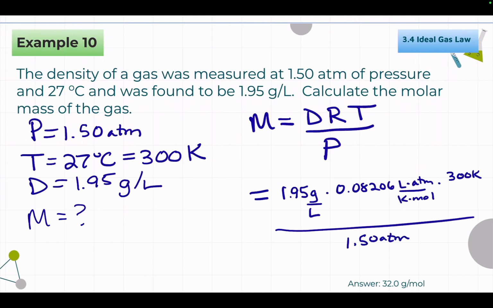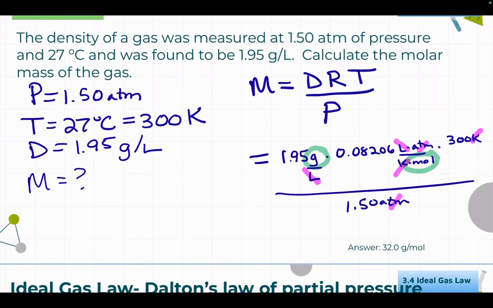I'm going to show you that if you put your units in, it's nice because you really should feel more confident that you did this correctly. So my Kelvin degrees cancel, my atmospheres cancel, my liters cancel, and I'm left with grams per mole, which is the unit for molar mass. So I can feel pretty confident that I did this correctly. When I do, with 3 sig figs, I get 32.0 grams per mole.